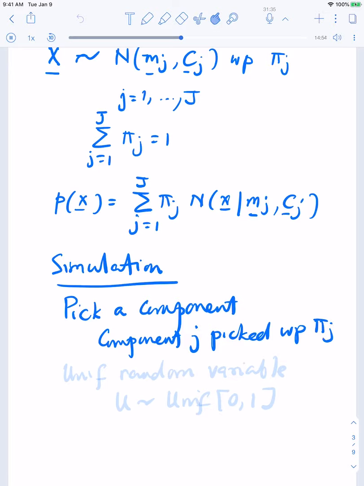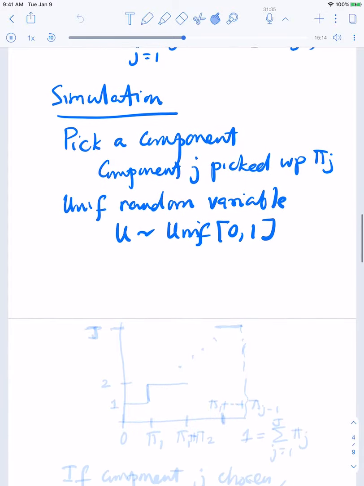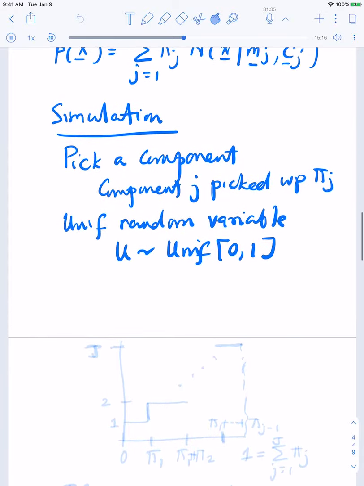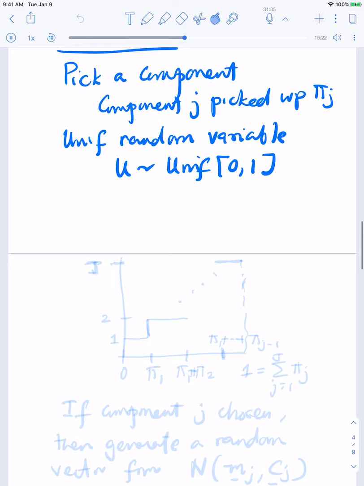How do we do that? Well, you basically generate a uniform random variable U, uniform over the interval, say 0 to 1, and then you just divide up this interval to get the probabilities. So let's see how we would divide up that interval to get the probabilities you want.